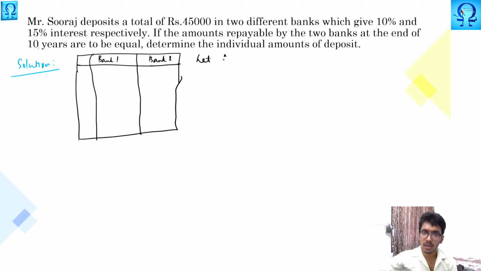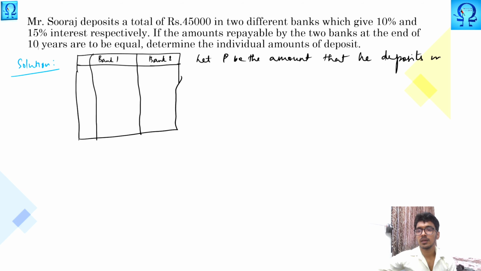So let us take P to be the amount that he deposits in bank 1. If it is the amount he is depositing in bank 1, what can be the amount he deposits in bank 2?